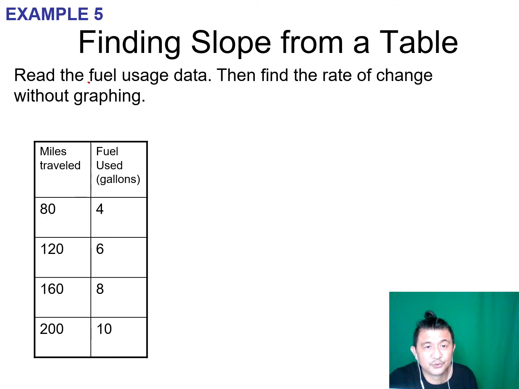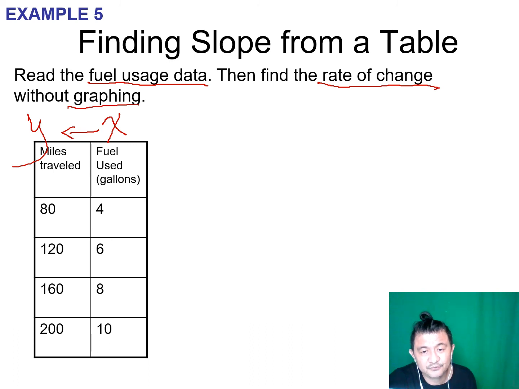In this example, the data is in a table form. So fuel usage, then find the rate of change without graphing. You're not going to plot the points. So remember, whatever amount of fuel you have, it starts with the fuel, and the result will be the number of miles. Now, look for a pattern here so that you don't need to subtract. It goes up by 2.